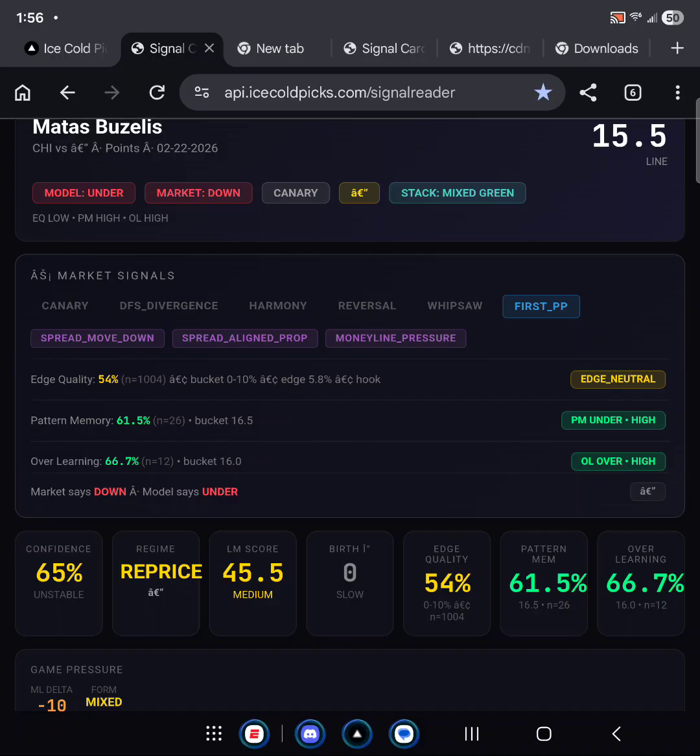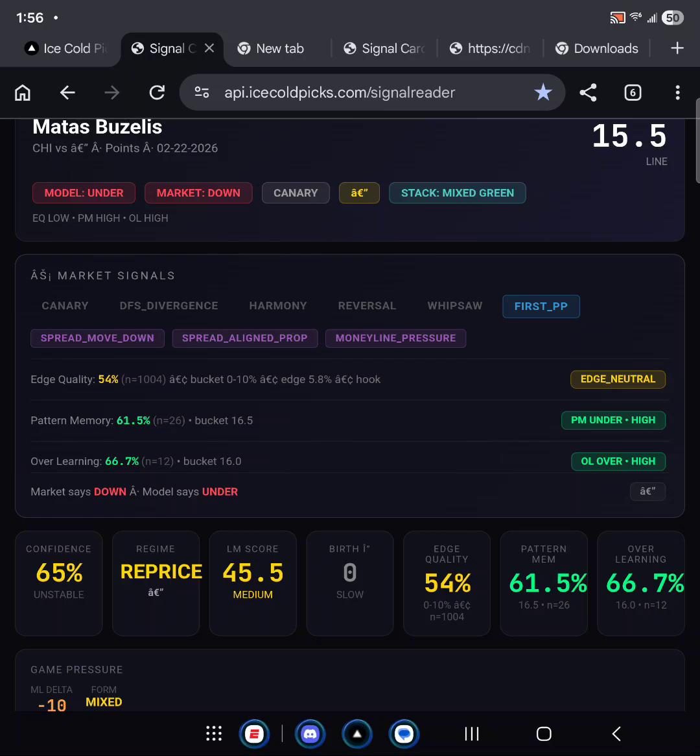So that's just the history. You got the boards and you got the box scores. How many times does it usually go over or under this particular line right here? And then you got overlearning, which is how sticky that tendency is over time. That's how reliable that is. So that's kind of the strength bucket of that.